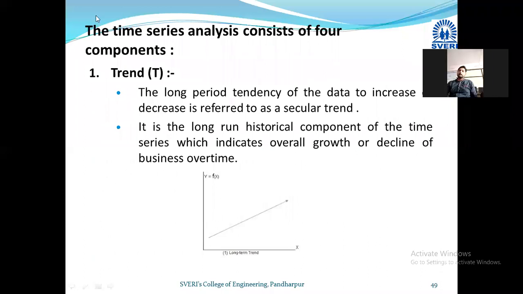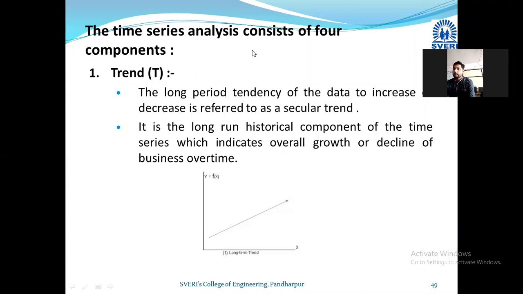As we have discussed, over the larger time period frame the product demand is going to increase or decrease. That will come to be known by using the trend, whether the trend is positive or negative. I hope this particular figure is visible to you.